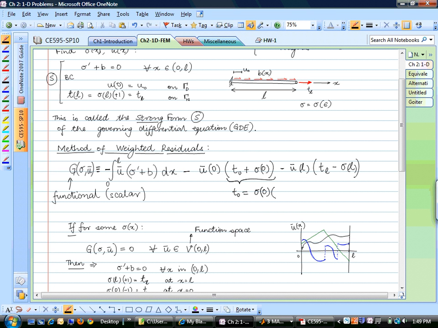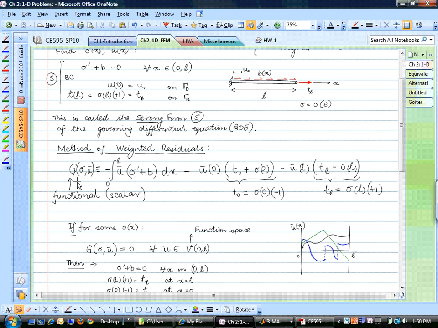This is the Cauchy relationship at x equal to 0. Another way of expressing that is right here. This is the Cauchy relationship at x equal to L. The normal at that point is plus 1, in the positive x direction. The normal here is in the negative x direction. And all I've done is added terms that should be 0.